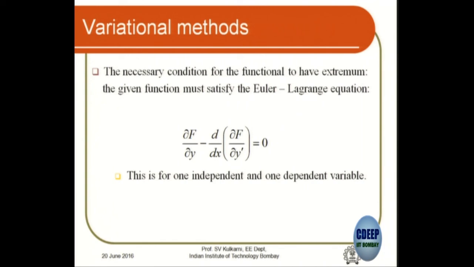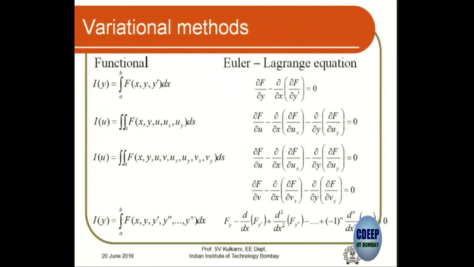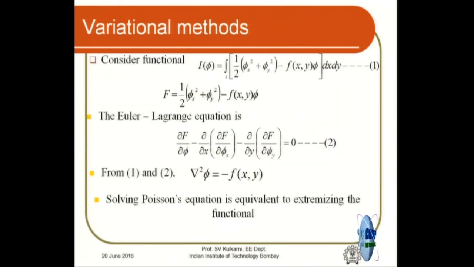Okay, so this is for one dependent and one independent variable. Now for two dependent and three independent variables and so on, all these equations are there. I will end my lecture with this one example, so that you will be able to correlate to a commonly encountered partial differential equation.